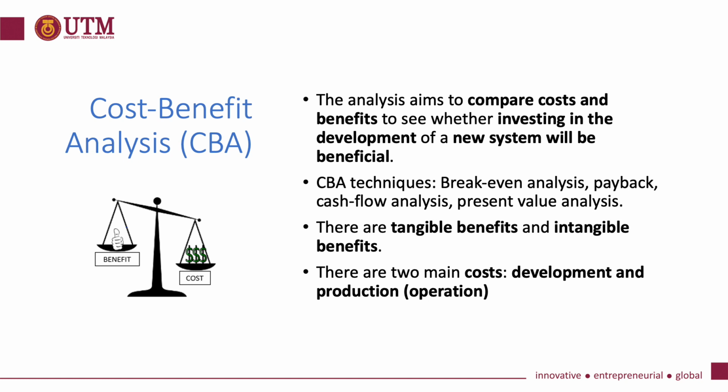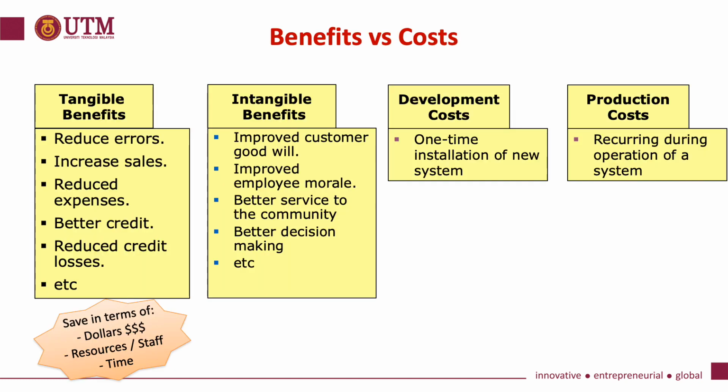In addition to that, to estimate CBA, there are two main project costs that should be considered, that are development and production costs. The gained tangible and intangible benefits should then be compared with these two invested costs. It is known that the selected project must bring benefits and improvements to the organization. There are two categories of benefits, that are tangible and intangible benefits.